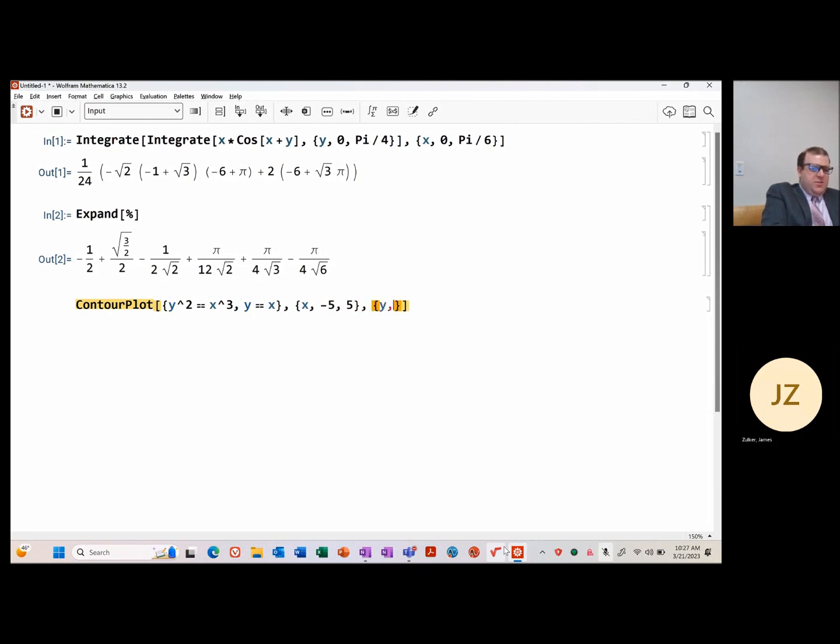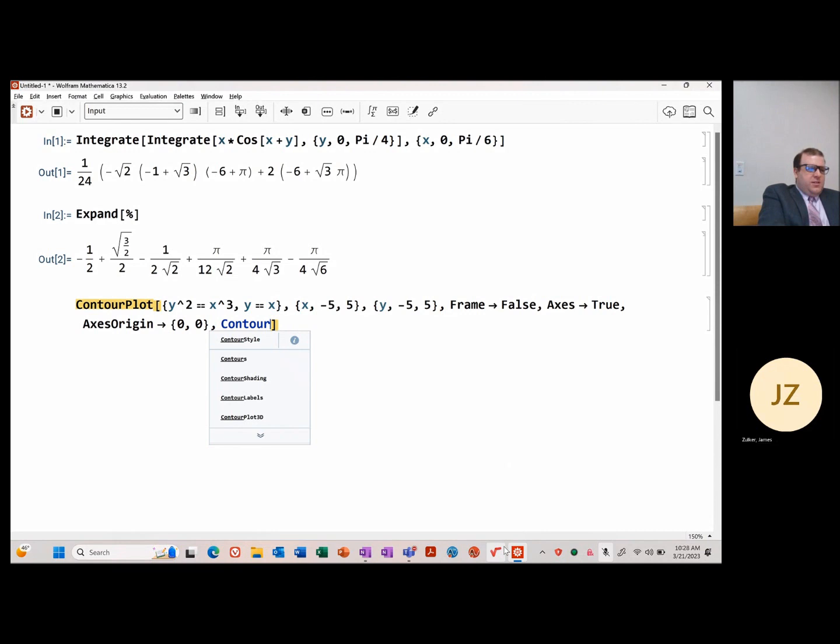I have to set a viewing window, so let's go rectangle -5 to 5, cross -5 to 5. I don't want the frame, but I do want the axes. I'm going to be safe and say the origin is 0, 0.